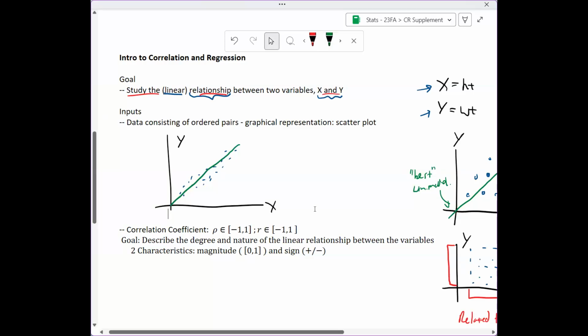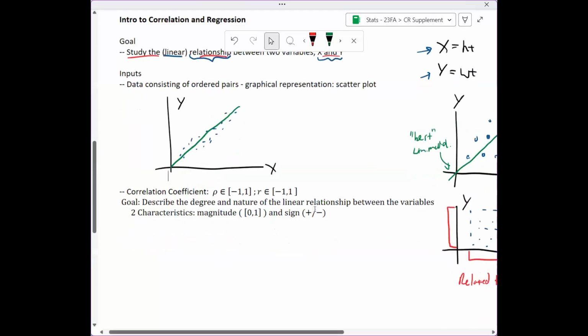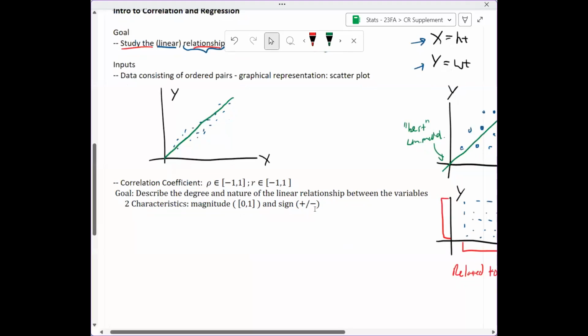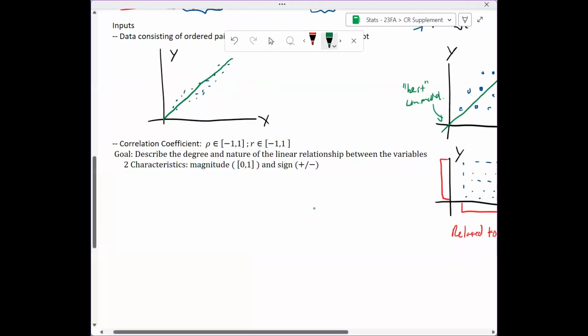Now, related to this linear relationship, we have a couple of ideas. We have the correlation coefficient and we have the regression line. So the correlation coefficient, we could talk about the population correlation coefficient.